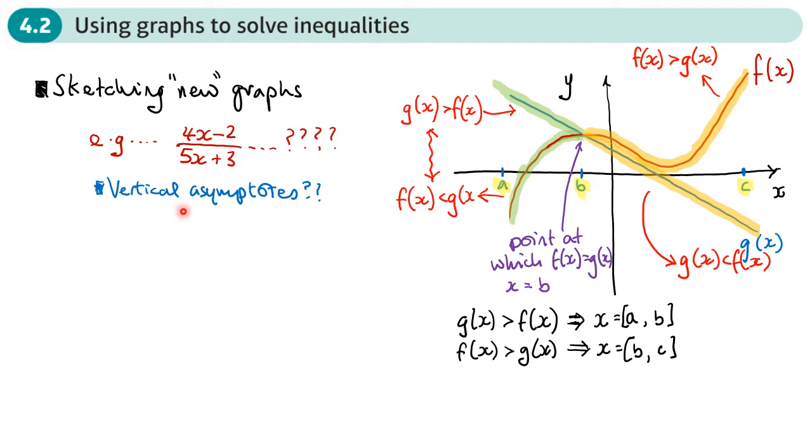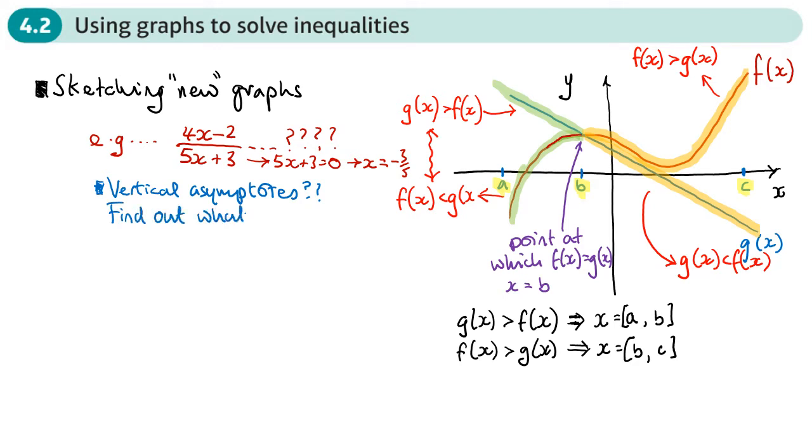In all fraction questions like this, you're never going to be allowed 0 in the denominator. So I'd work out 5x plus 3 equals 0, and that will tell me that I'm not allowed an x value of negative 3 over 5, and at that point I will draw a vertical asymptote.